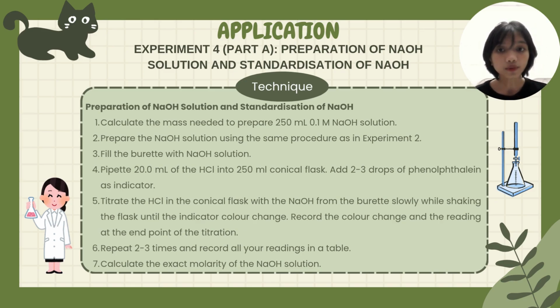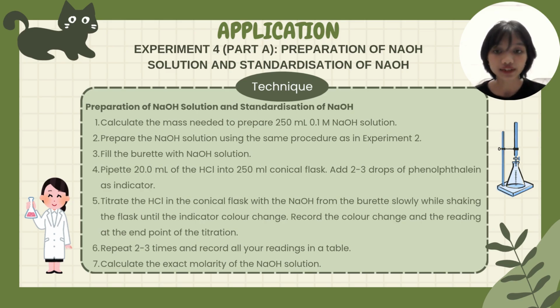Then we prepare the NaOH solution using the same procedure as in experiment 2, which was preparation of Na2CO3 solution. And then we fill the burette with NaOH. Next, we pipette 20 ml of HCl from experiment 3 into a 250 ml conical flask. Then we add 2 to 3 drops of phenolphthalein as the indicator.